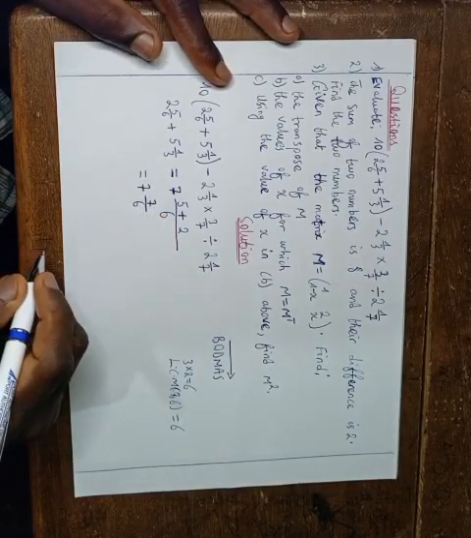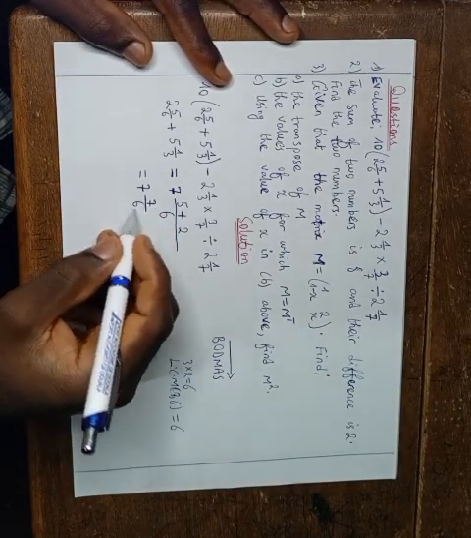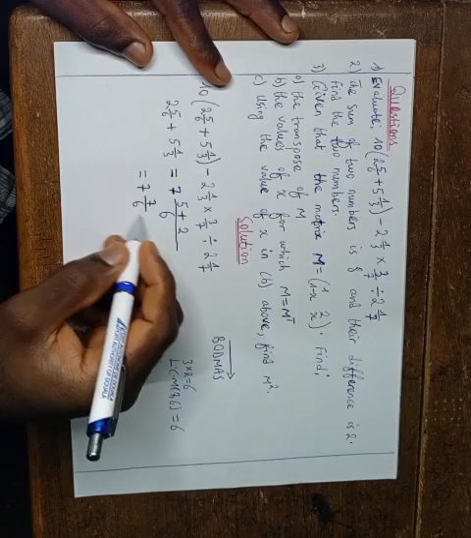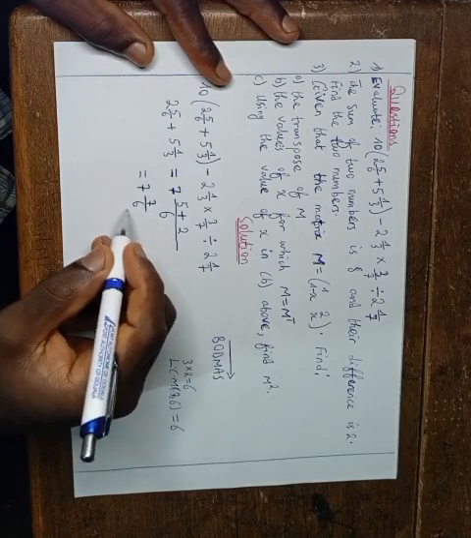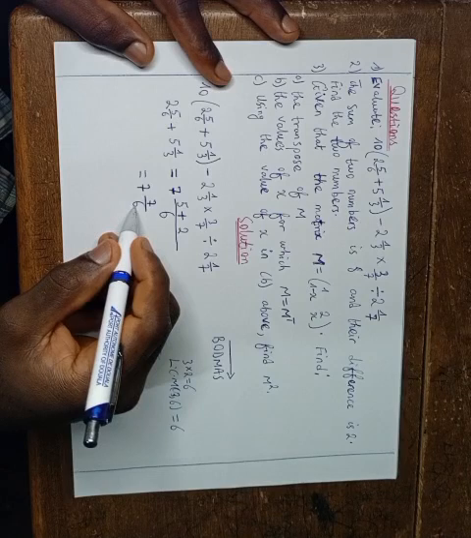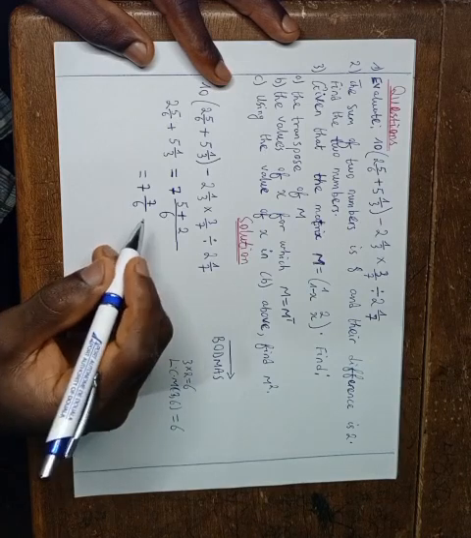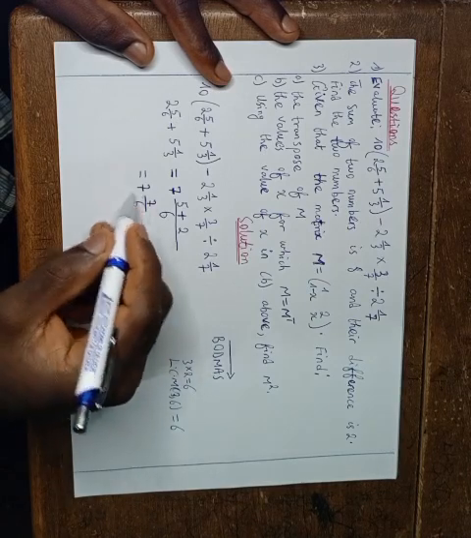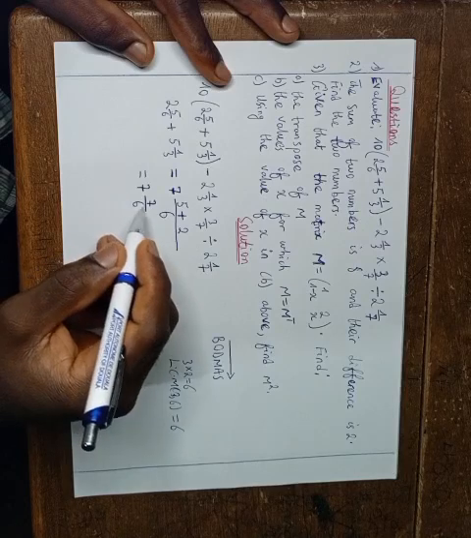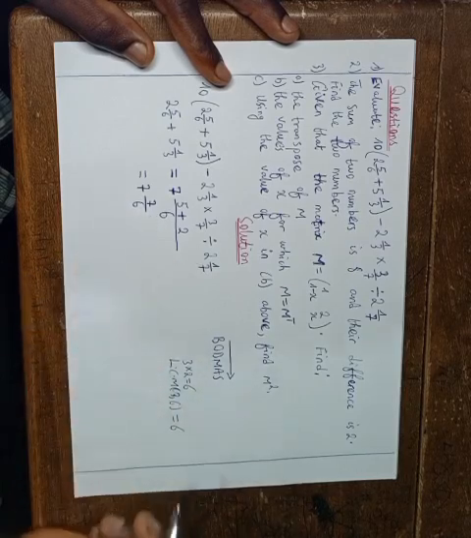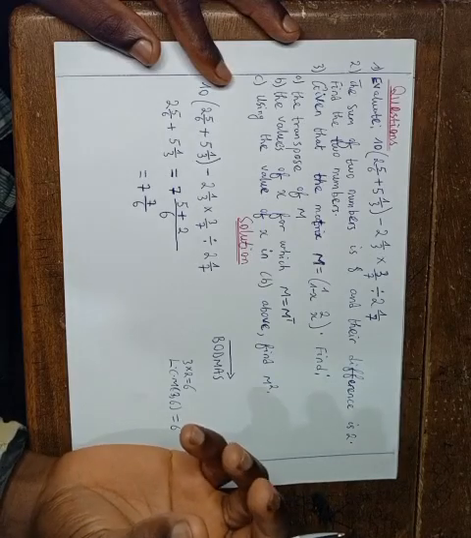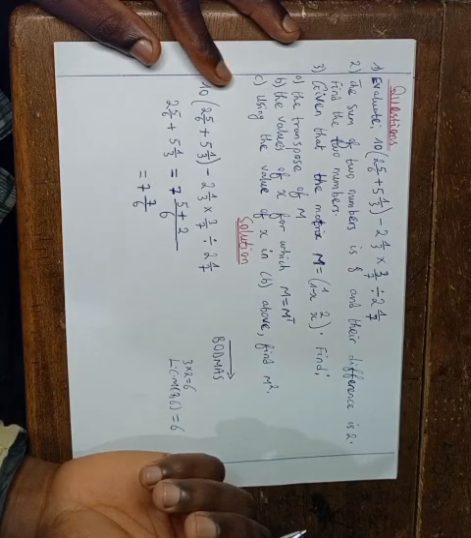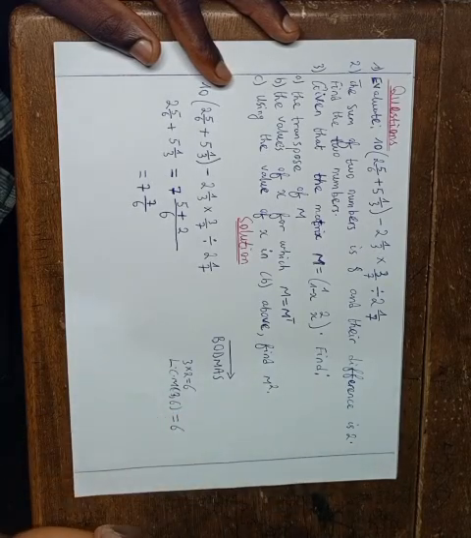Next step, this is an improper fraction. You can see the numerator 7 is greater than the denominator 6, whereas a mixed fraction has a whole number part and a proper fractional part. A proper fraction is a fraction which has a smaller numerator and a bigger denominator.